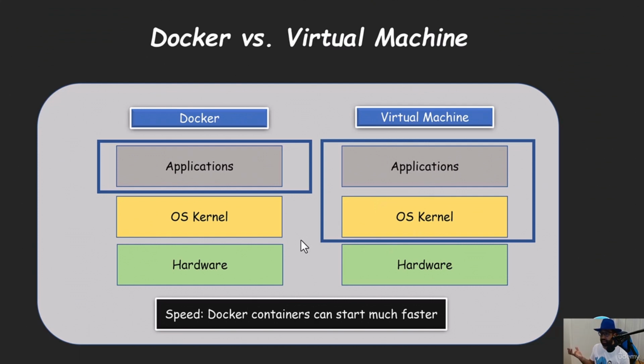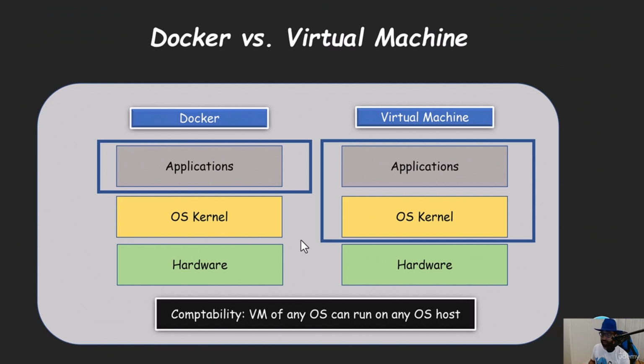Also speed, of course. It's much faster to start up and run a Docker container compared to starting up and running a virtual machine. And now, compatibility. If you are running Linux, you can install and run a Mac virtual machine or a Windows virtual machine.